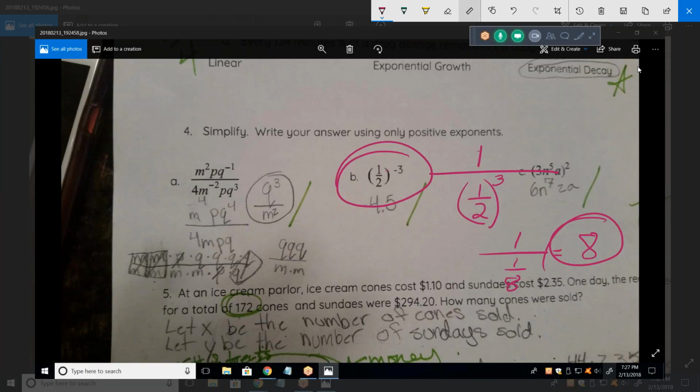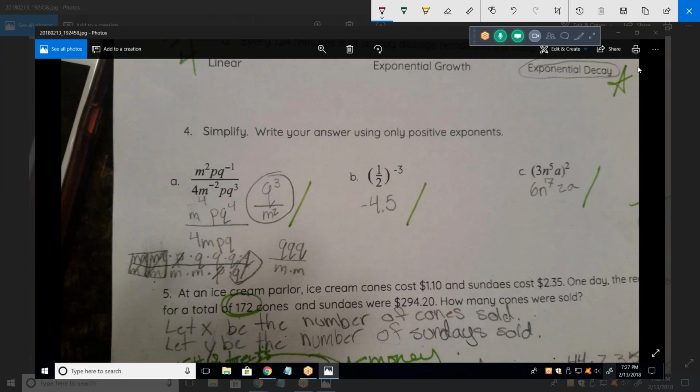Okay. Now, the very last one here I'll cover real quickly. This is what I kind of call double exponentiation. What you're going to do is multiply that times the exponent of everything that's in the parentheses. Well, the 3 has an exponent of 1, so it's going to be 3 squared.